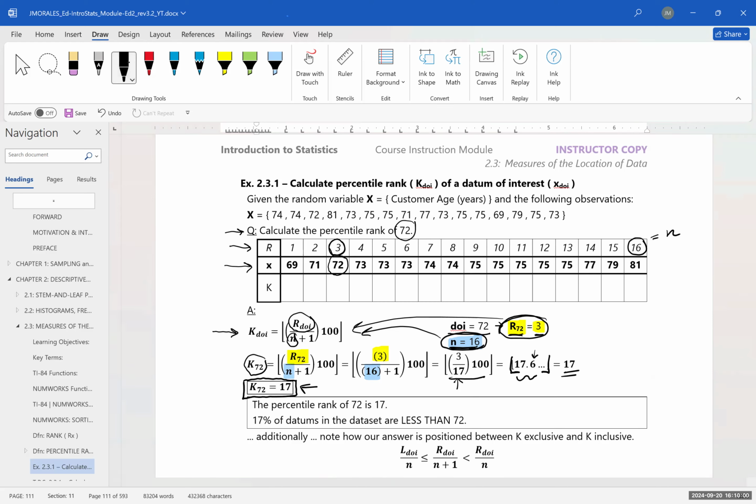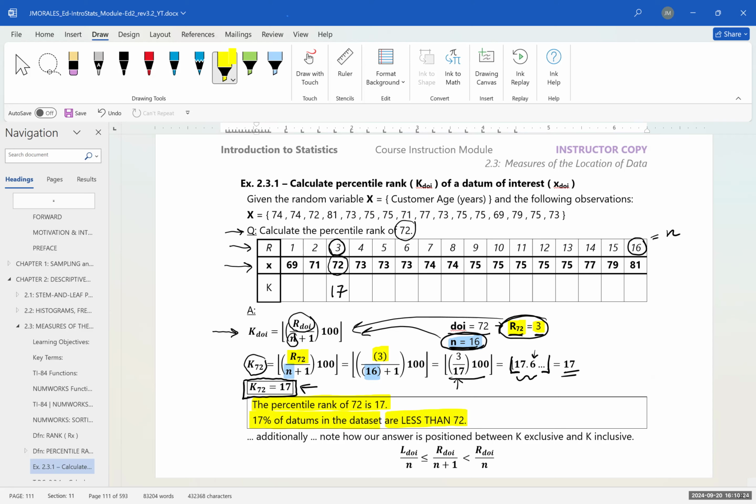All right, so what does 17 mean? First of all, let's go ahead and put 17 here for our percentile rank. So what we've got is the percentile rank of 72 is 17, and that means 17% of the datums in the data set are less than 72.